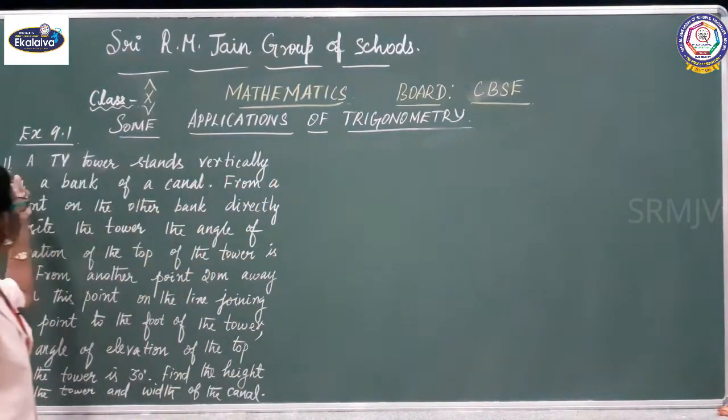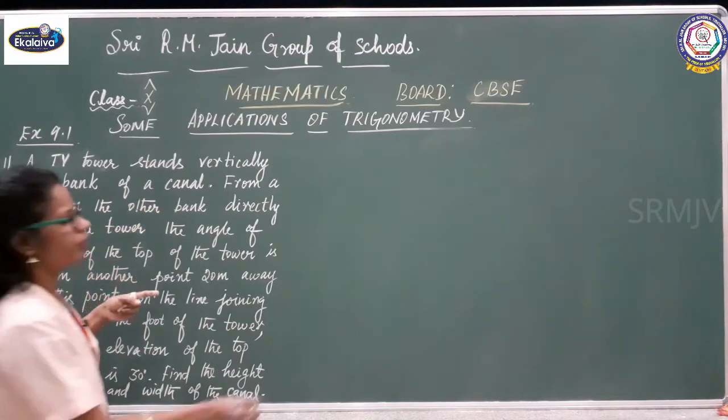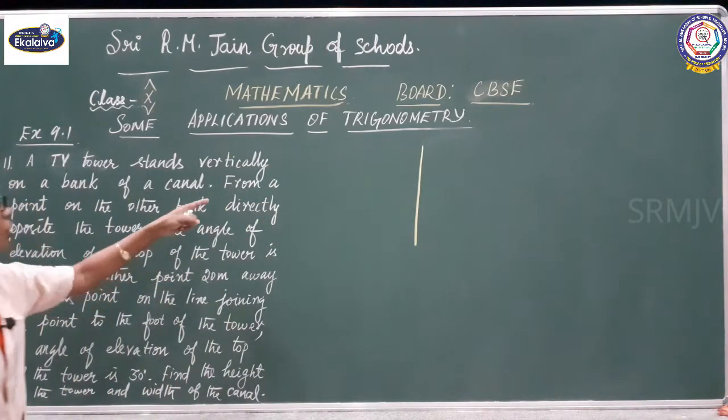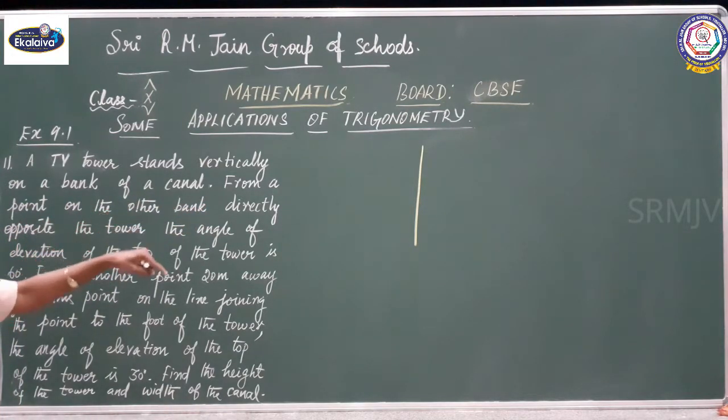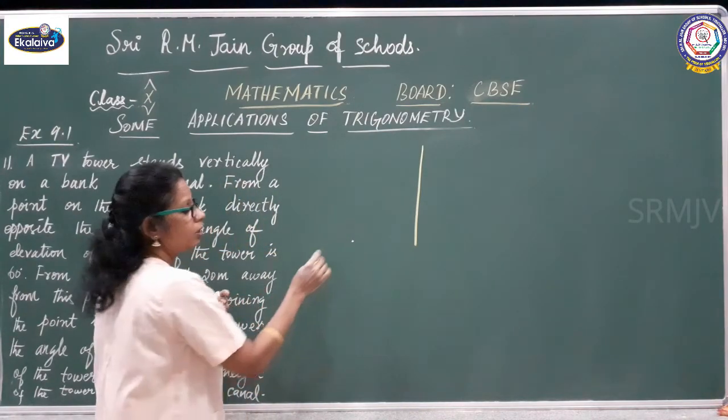Question number 11. A TV tower stands vertically on a bank of a canal, right? This is our TV tower. From a point on the other bank, directly opposite the tower, the angle of elevation of the top of the tower is directly opposite to this, right?